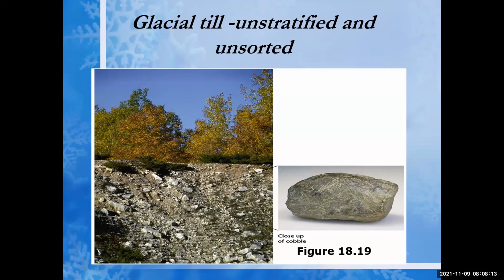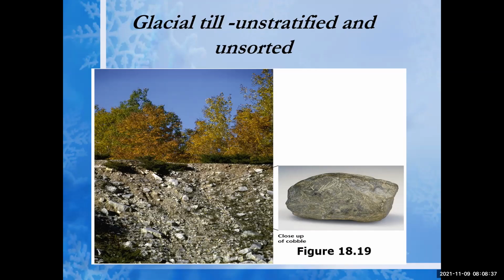Glaciers, not so much. When they melt, they just drop it all at once, which means that this stuff is somewhat mixed up. That's what we mean by unstratified. It's not layered. It's all just sort of a massive pile, just as if you took a truck full of this stuff and dumped it on the ground. That's glacial till. There's no sorting.